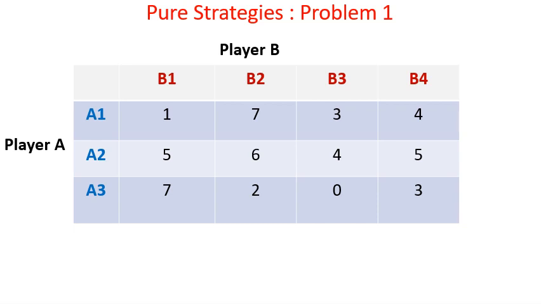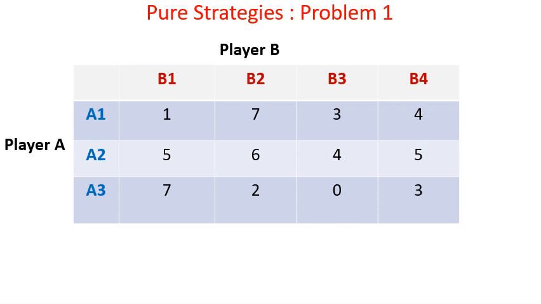Now, based on this particular table, the numerical values here indicate the payoffs for the players. This number 1 here is a payoff. Say if A selects A1, it gets a payoff of 1 unit, that is if B responds with the first one.